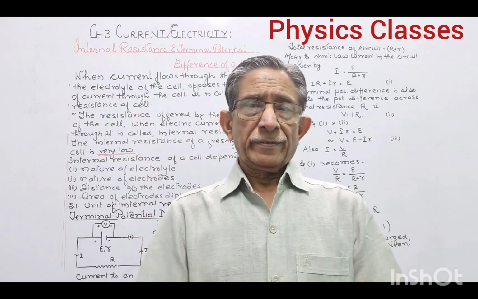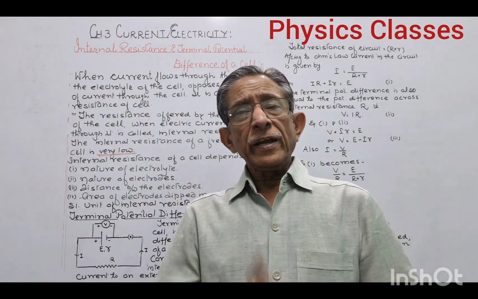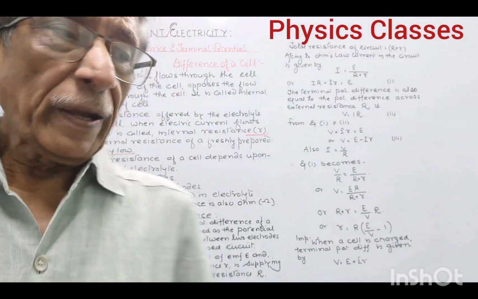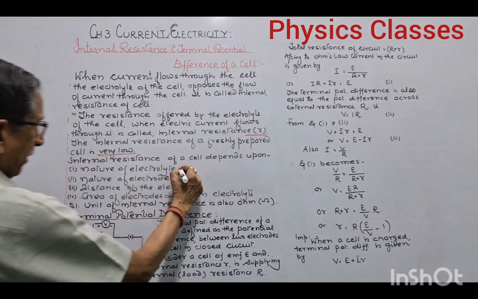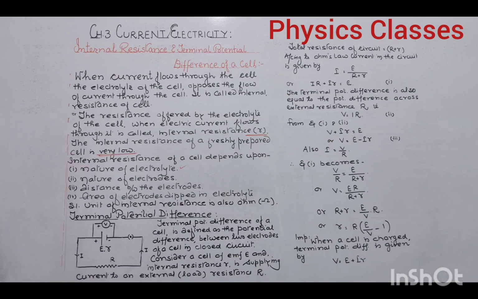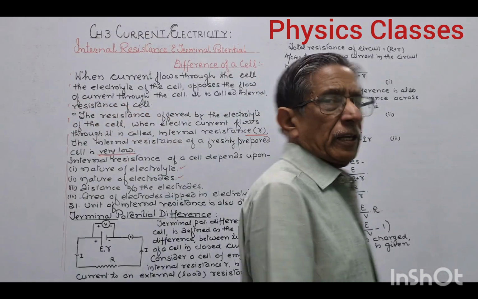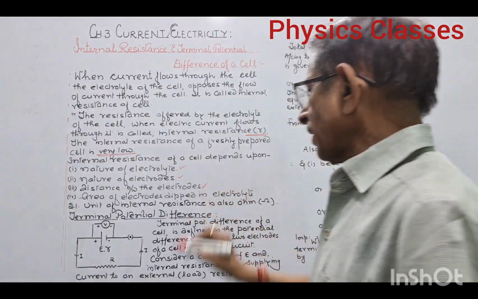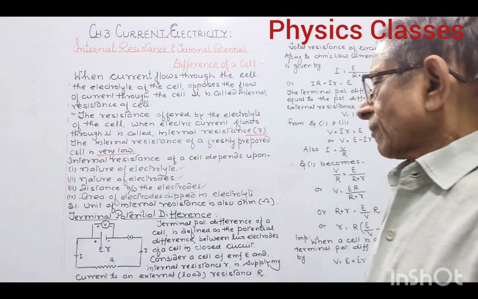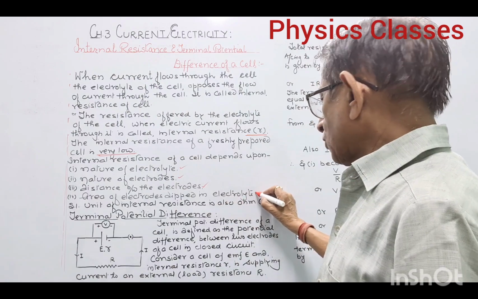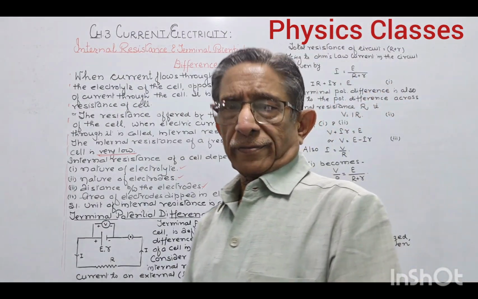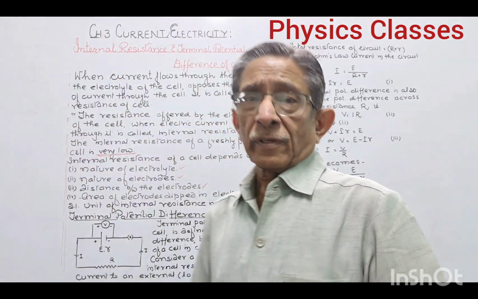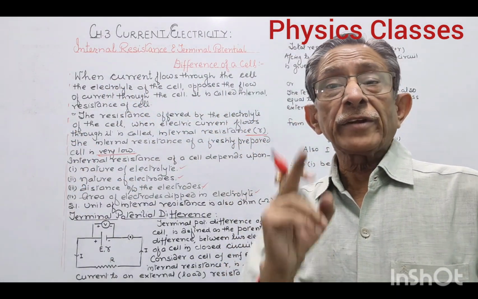So students, the internal resistance of a cell depends on: number 1, nature of electrolyte; number 2, nature of electrodes; number 3, distance between the electrodes; number 4, area of electrodes dipped in the electrolyte. In addition to these 4, there is one more factor, that is temperature.